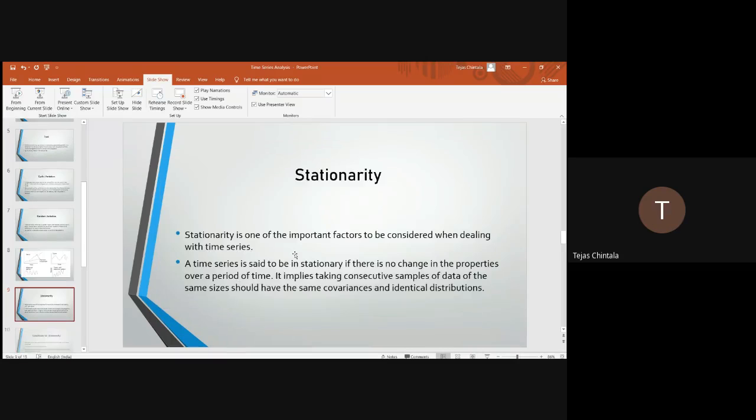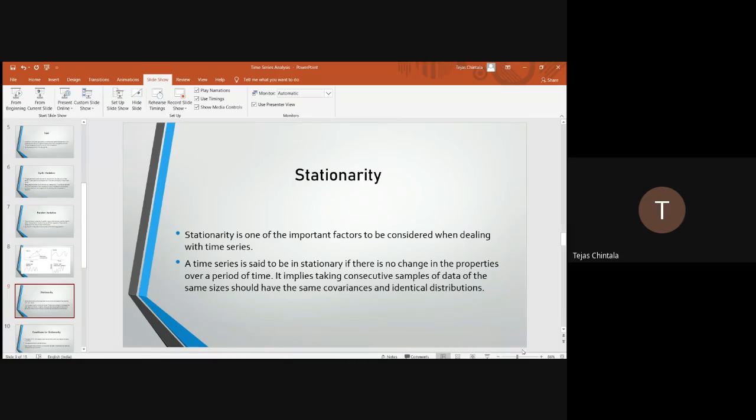So our next topic is stationarity. Stationarity is one of the important factors when we are working with or dealing with a time series. It can be defined as: a time series is said to be stationary if there's no change to its properties over a period of time.